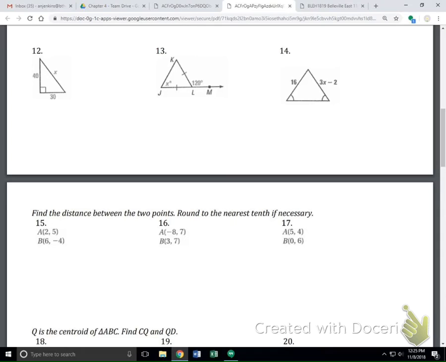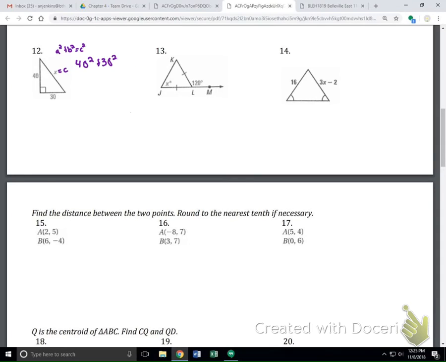Okay, so we already did one like number 12. So once again, we're using the Pythagorean Theorem. So we need that a squared plus b squared equals c squared. We know the c is going to be our longest side, which is our hypotenuse. So now we have 40 squared plus 30 squared equals c squared, or x squared.